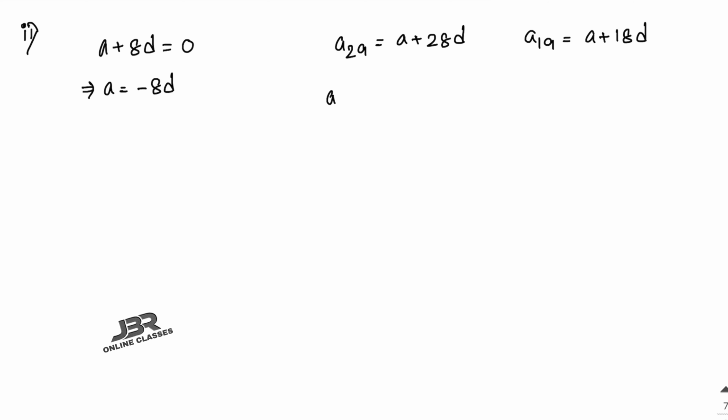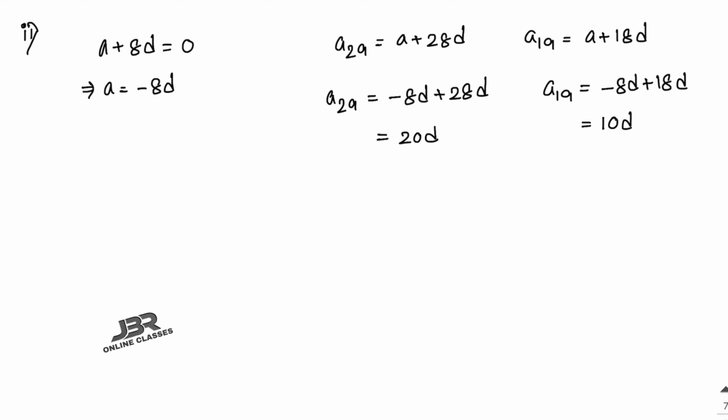So a29 you can write as minus 8d plus 28d, that equals 20d, and a19 equals minus 8d plus 18d, that equals 10d. So 20d is exactly double of 10d, so that means double of a19 is equal to a29.